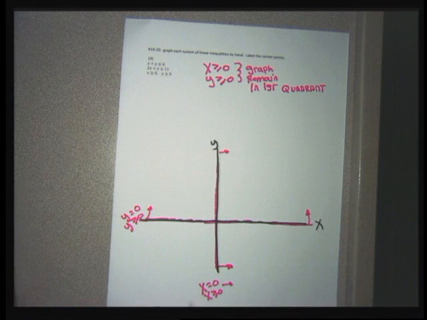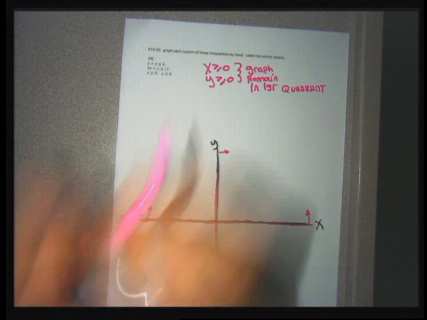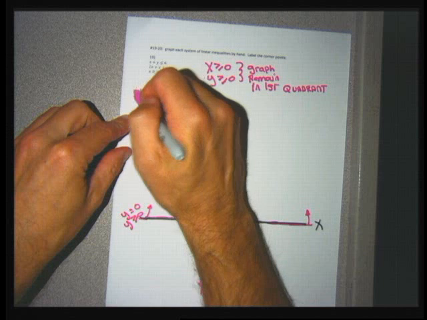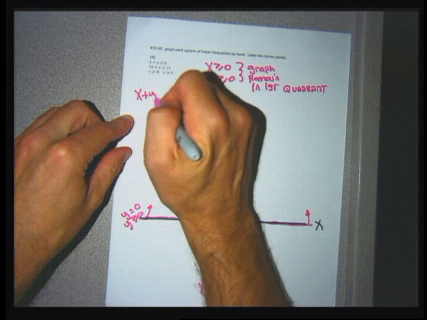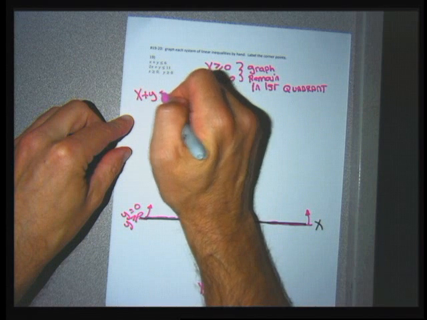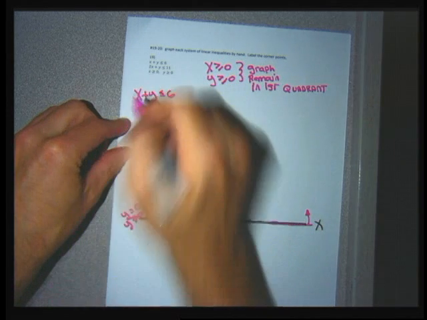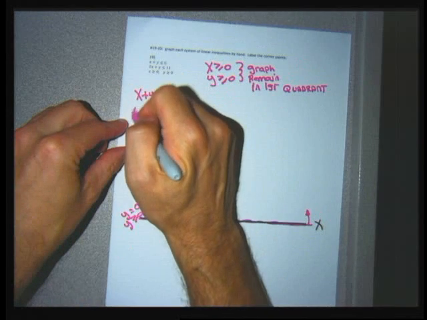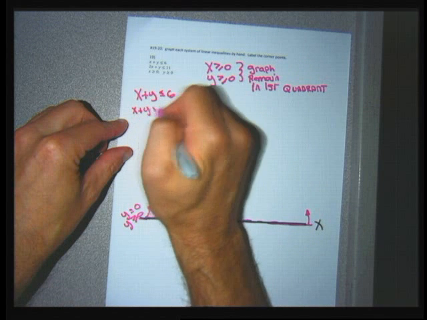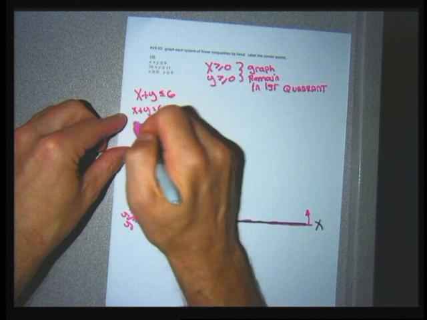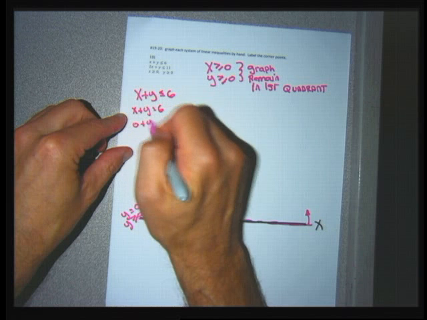For the next two, I'm going to find my x and y intercepts. So I'm going to graph the inequality x plus y is less than or equal to 6. First, I'm going to look at the line x plus y equal to 6. Plug 0 in for x and get 0 plus y equal to 6.